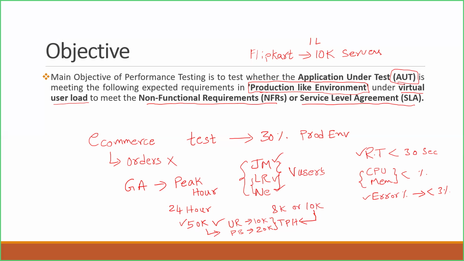To run the test with more users we obviously need multiple machines, and JMeter does not work that effectively for a large number of users like 50K or 1 lakh users. It will work, but the setup is going to be too high. That is the reason why they do it this way.